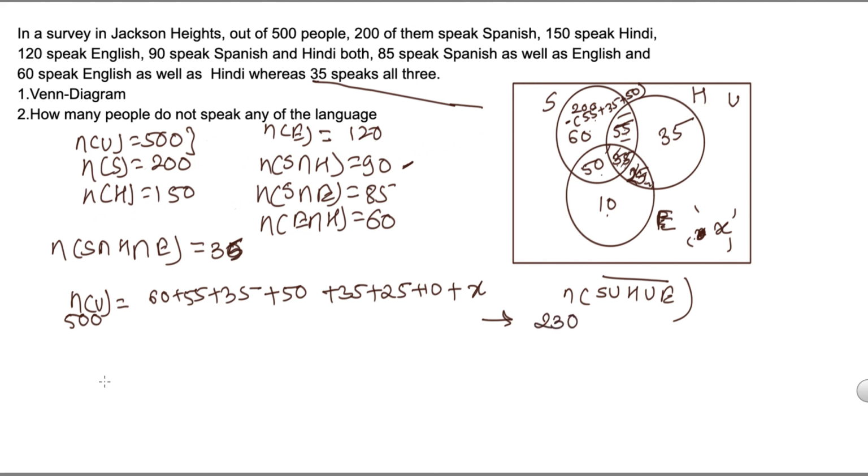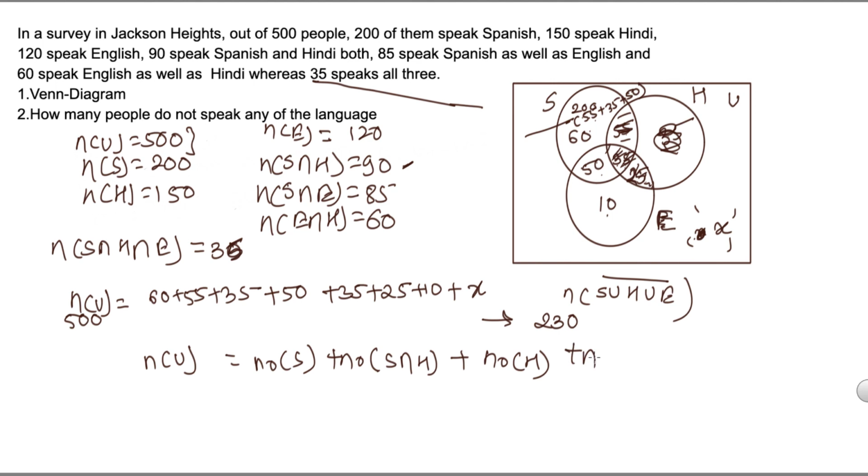However, let me show you how to get the formula. Number of U is this area, S and not H and not E, let us add this one now. This is S intersection H and not E, plus this one is H and not S and not E. Now come to here. This is H intersection S intersection E. Now let us add this one.